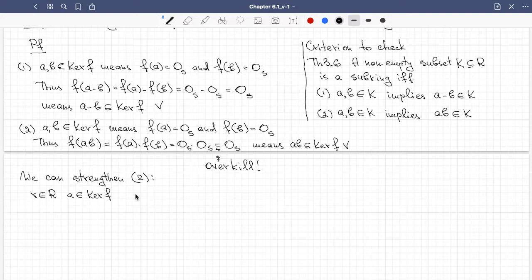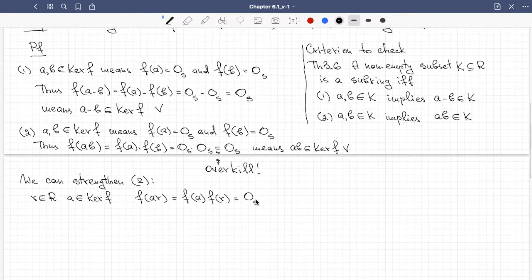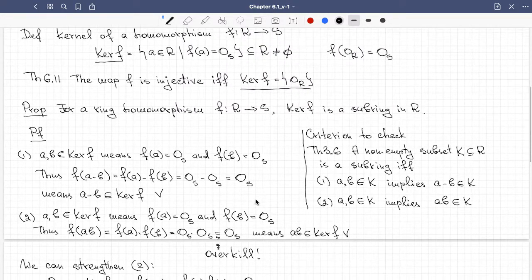Still, we have that F of AR, by the definition of homomorphism, is F of A times F of R, and A belongs to the kernel, so this is 0 in the ring S. Kernel is all elements which map to 0.